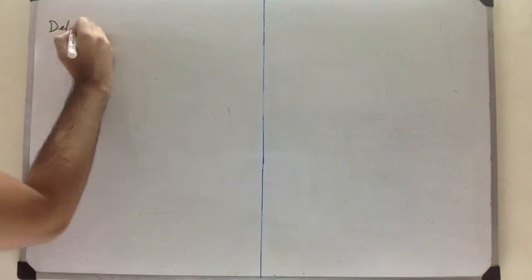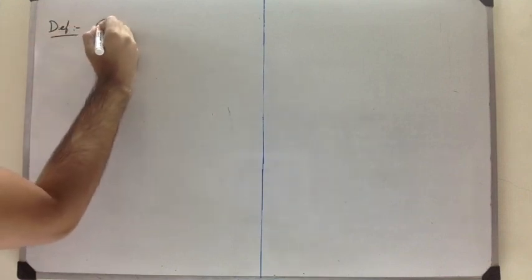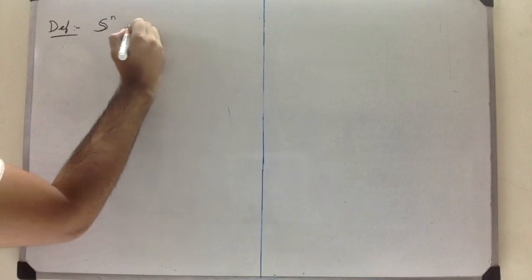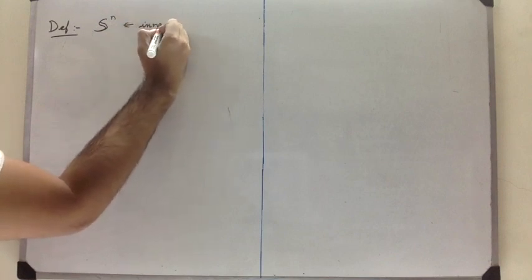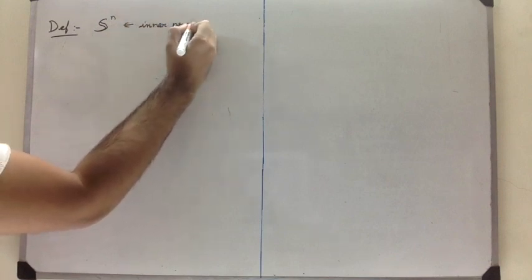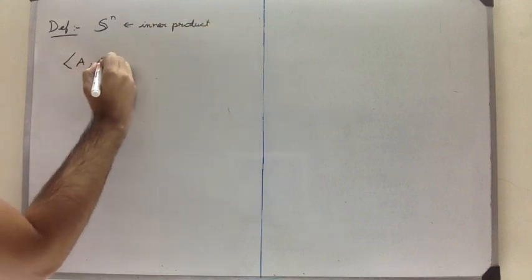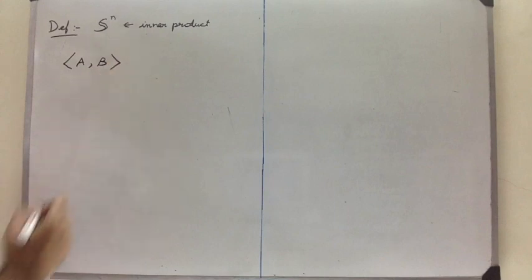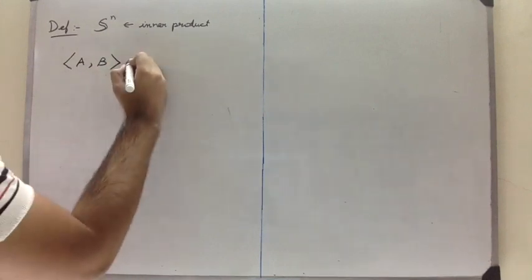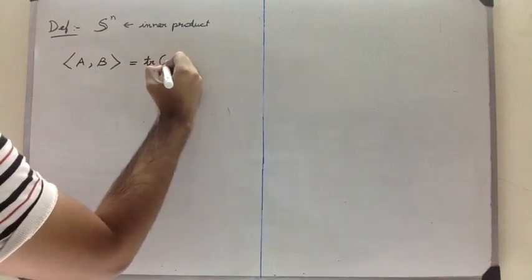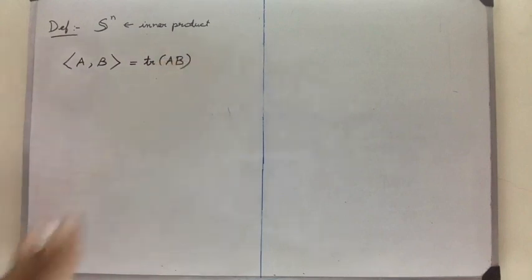We now define the inner product in the space of all symmetric matrices. So if A and B are symmetric matrices, then A dot B is defined as trace of AB. So this is going to be an inner product. One can show that it satisfies all the properties.